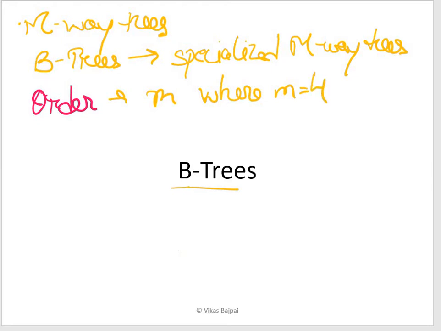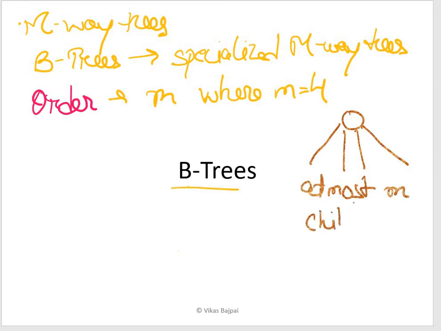What it means is that a particular B tree cannot have more than M children, so it is like at most M children. It will vary from 0 to M.